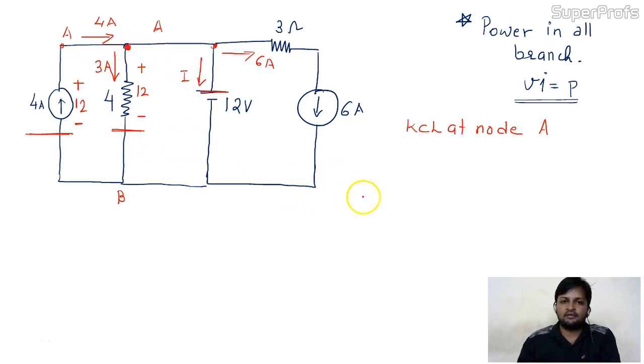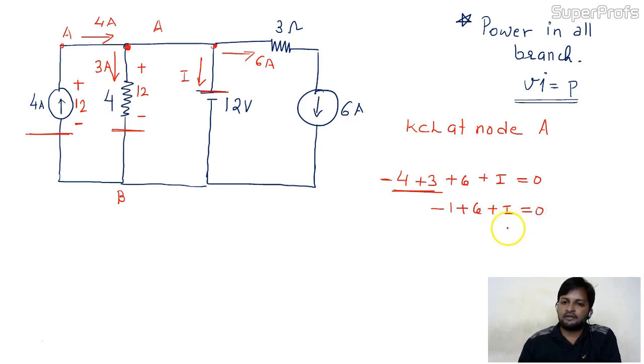Incoming current negative: minus 4. This one, plus 3 outgoing. Plus 6 outgoing. Plus I equal to 0. So minus 4 plus 3, minus 1, plus 6, plus I equal to 0, so 5 plus I equal to 0. I equal to minus 5.